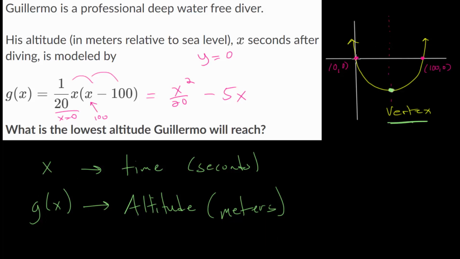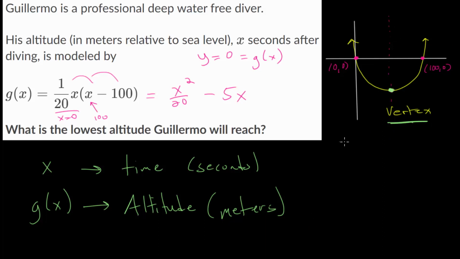And here we'll go back to using our knowledge of the zeros. We found these by setting g of x, or y, equal to 0, and then looking at our equation and using the zero product property. We found that an x value of 100 would give one 0, and an x value of 0 would give the other 0. Now, our vertex will be exactly in the middle of those.